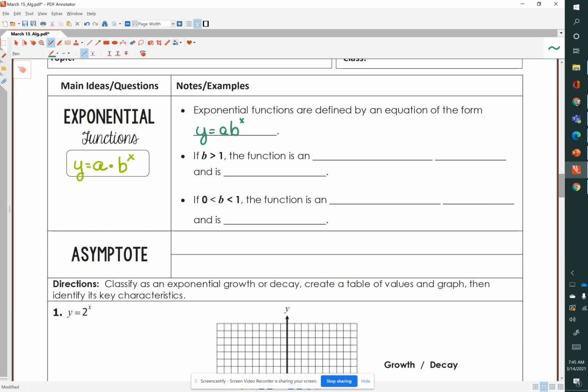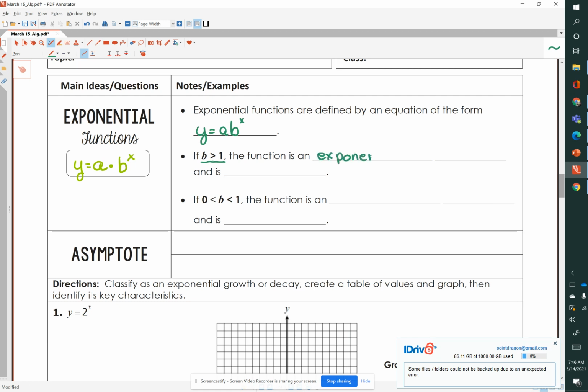If b is greater than 1, the function is an exponential growth function, and the function is increasing.